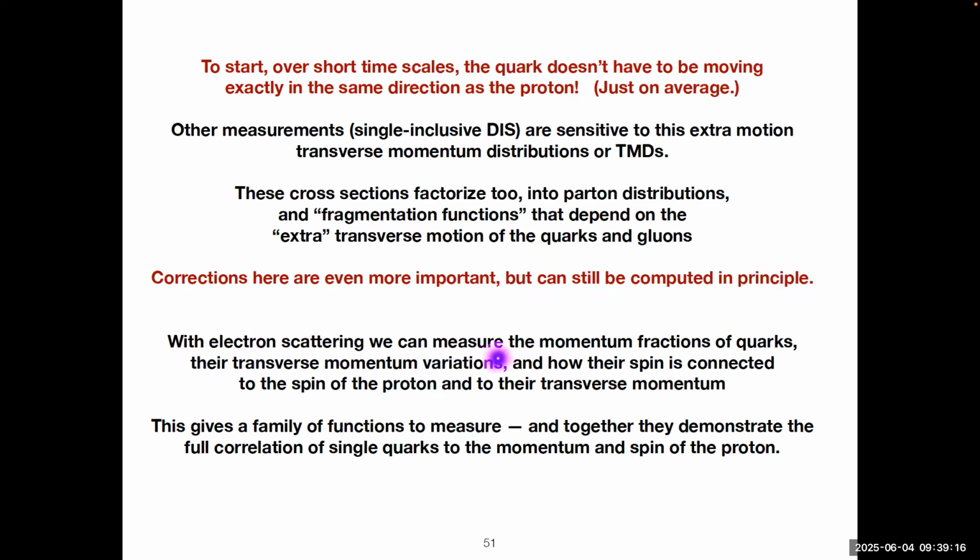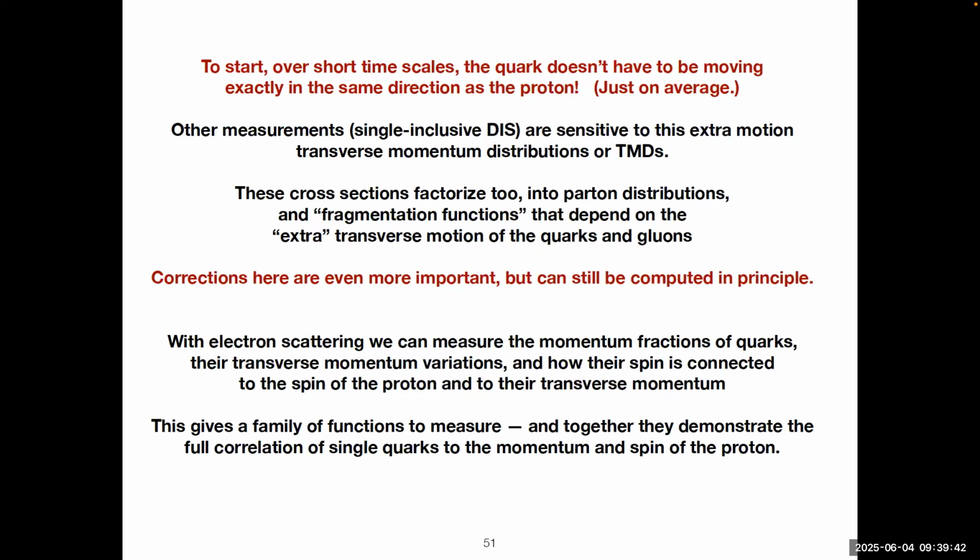With electron scattering, we can measure the momentum fractions of the quarks, their transverse momentum variations, and how their spin is connected to the spin of the proton and their transverse momentum. Now, this is absolutely what you heard about yesterday morning. I hope that coming at it from the larger point of view, in the larger context, will help.